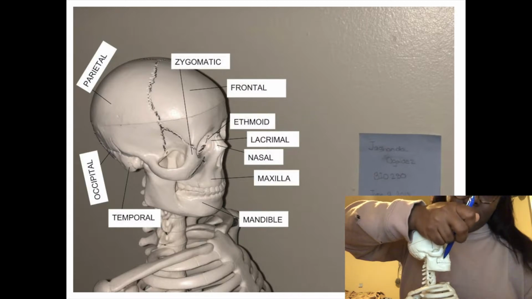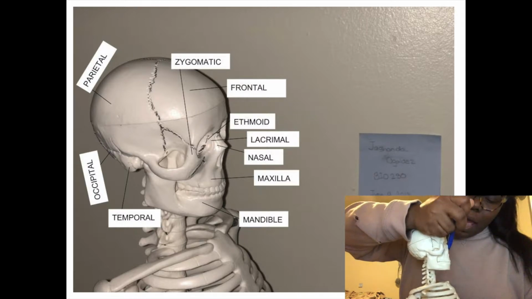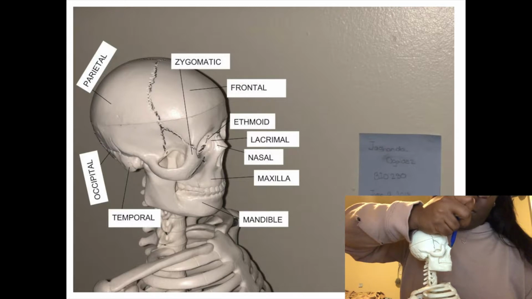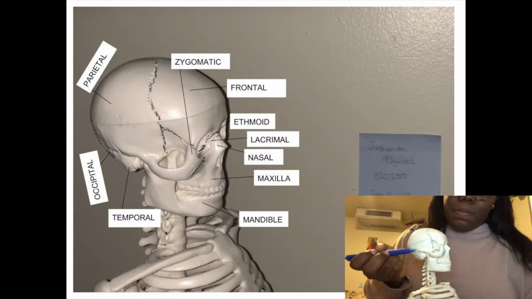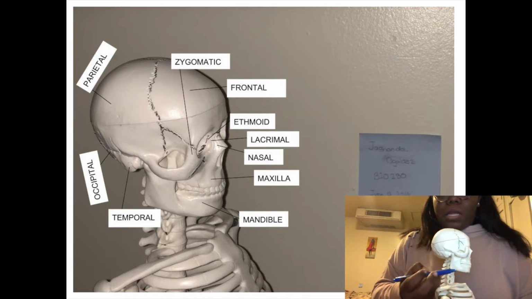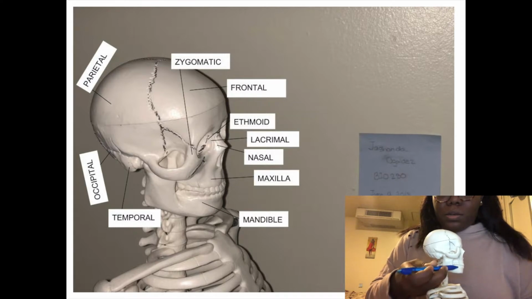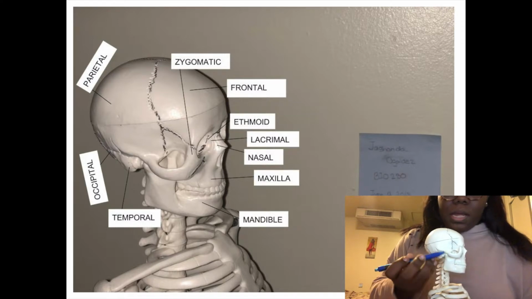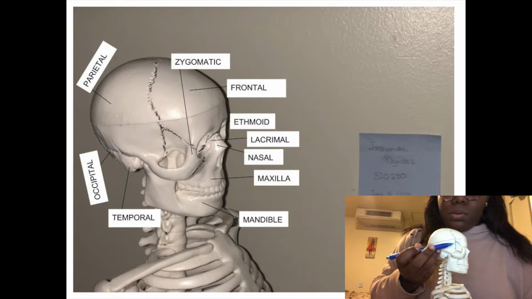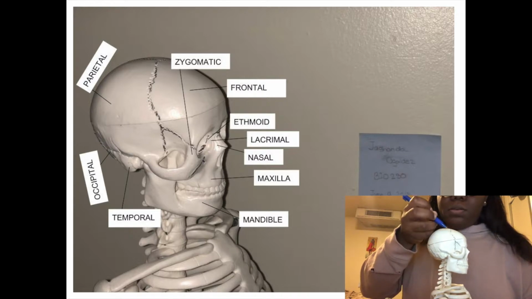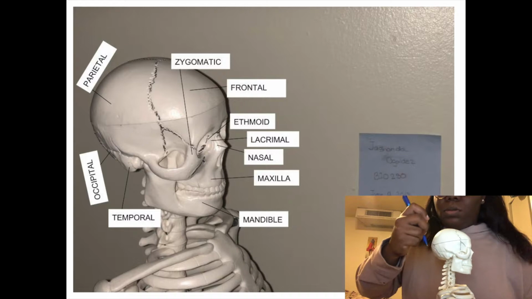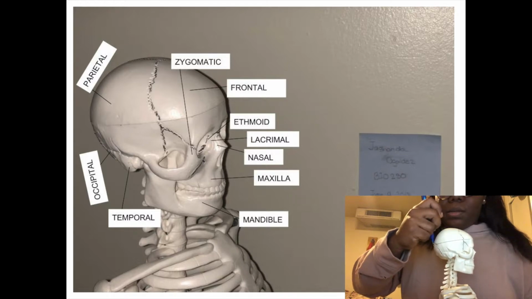The maxilla is down here. And then the nasal is right here. The mandible is right here. The zygomatic right here. The temporal right there. The parietal right here. And then the occipital, which is back here.